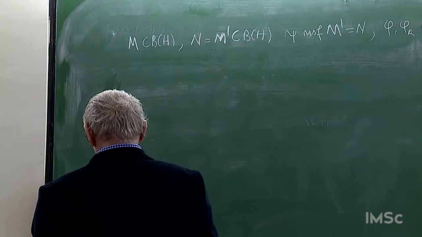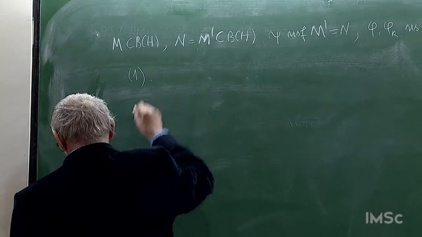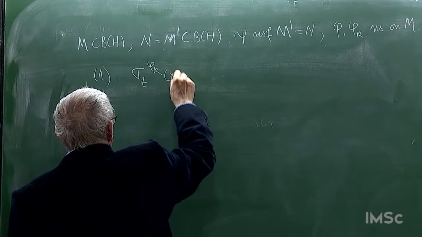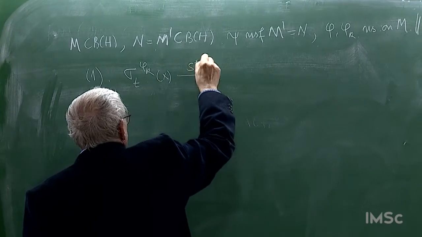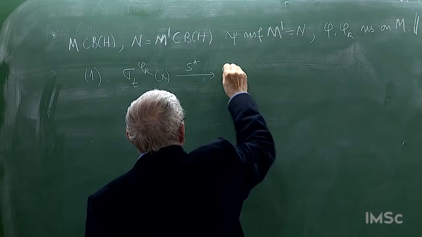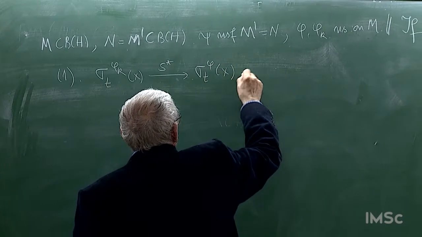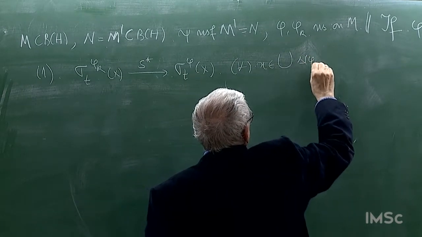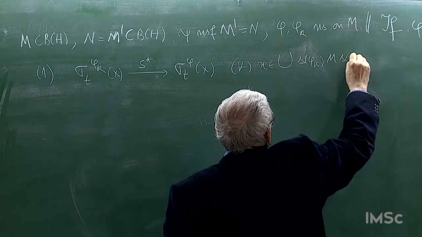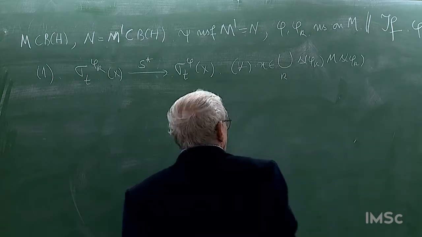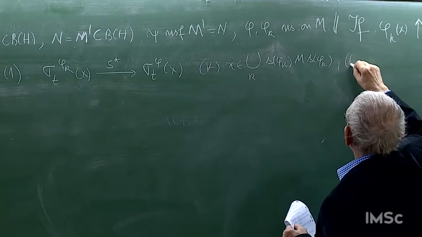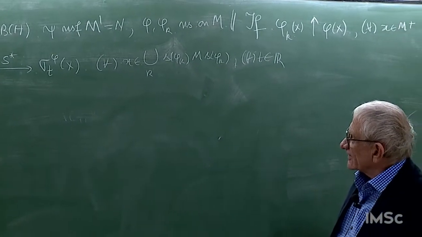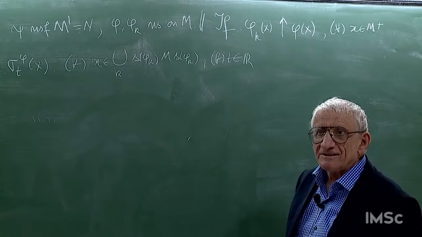What follows is first that sigma t phi k of x converges ultra strongly star to sigma t phi of x for every x in the union of the supports of phi k, and for every t in R. So that's a much expected result.